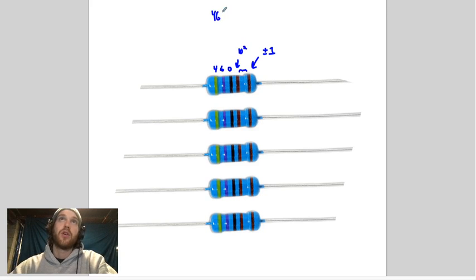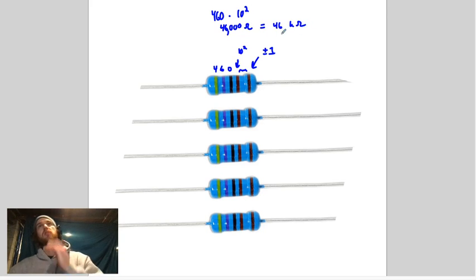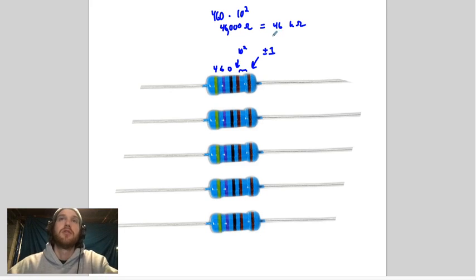So this is 460 times 10 to the second. We're adding 2 zeros to that, which is 46,000 ohms, which is 46 kilo ohms. Cool. Seems good to me. So that's how you read these resistors, plus or minus 1%.